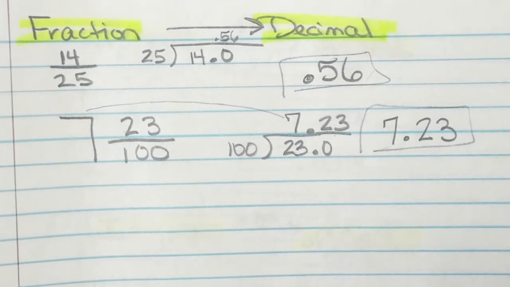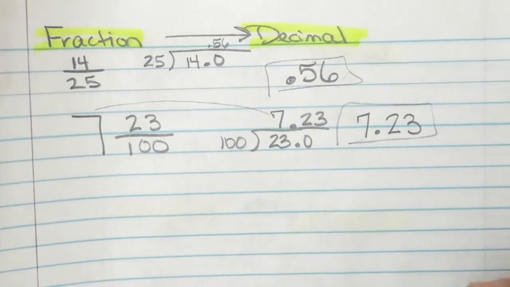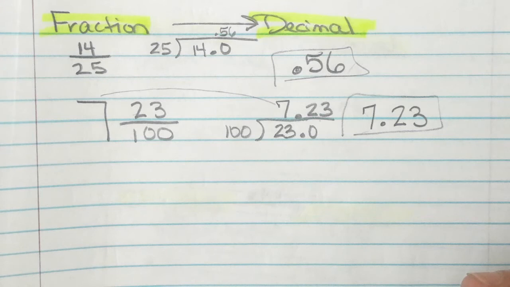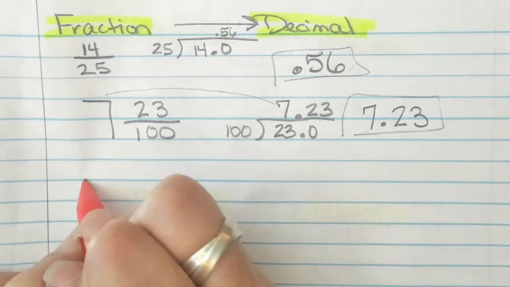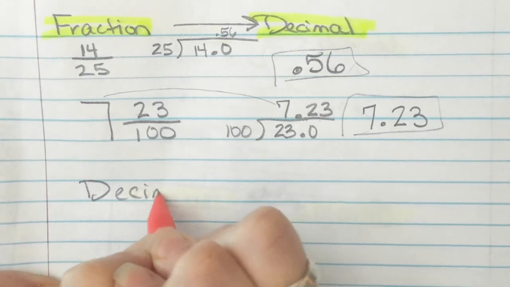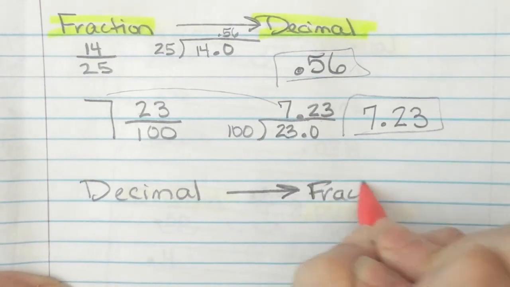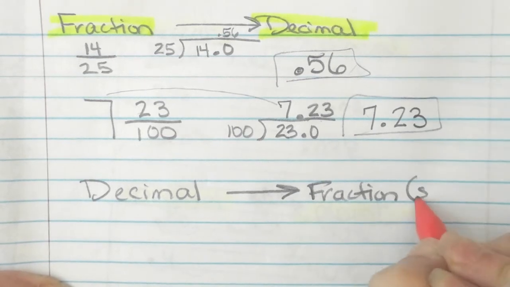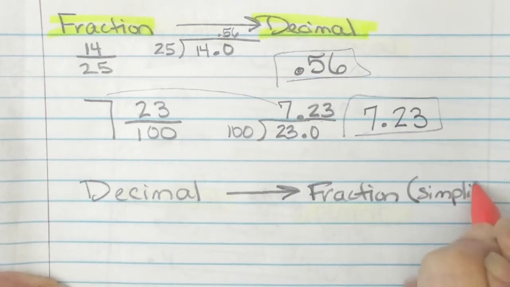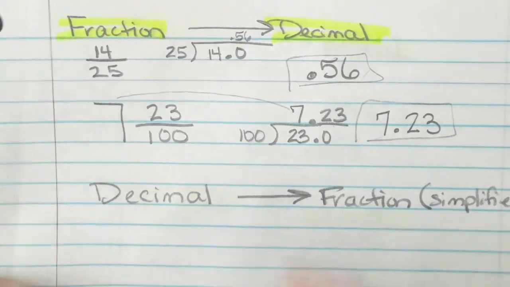And then the last one was back last Monday. I won't lie, it's been a while. Or this Monday, I guess. It is decimal to fraction. And we know a fraction has got to be simplified.